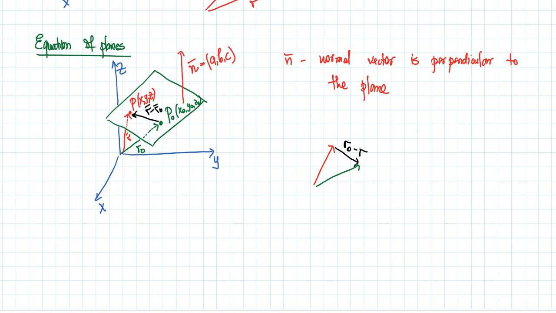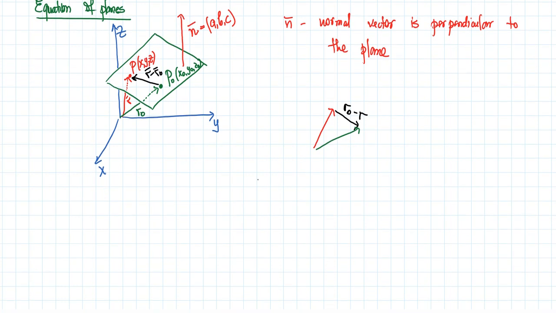The dot product of this black vector and this red vector is equal to 0, because the normal vector is perpendicular to the plane, which means it is perpendicular to every single vector on the plane. So it means that the dot product of R minus R0 with n is equal to 0. Okay, that's it. This is the equation of the plane.